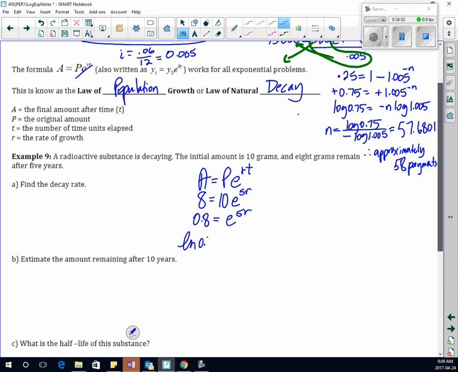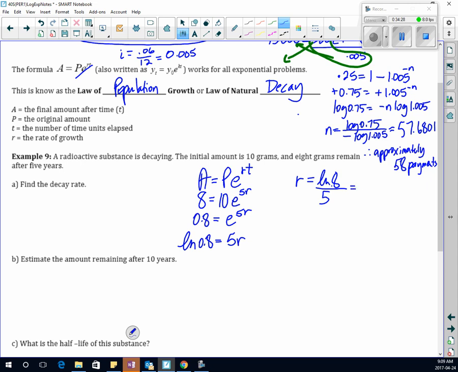ln of 0.8 equals, do I need to write ln on this side? Am I good? 5r. Does everybody remember why that happens? So r is ln 0.8 divided by 5. Make sure you close your brackets.